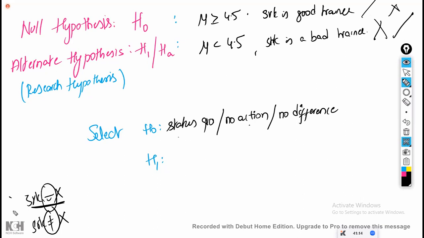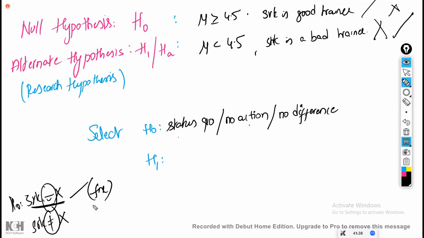Always the null hypothesis has the equal symbol. Every time, 100% fixed. Every time the null hypothesis will have equal to. Null means nothing. Nothing means no difference. No difference means everything is the same.